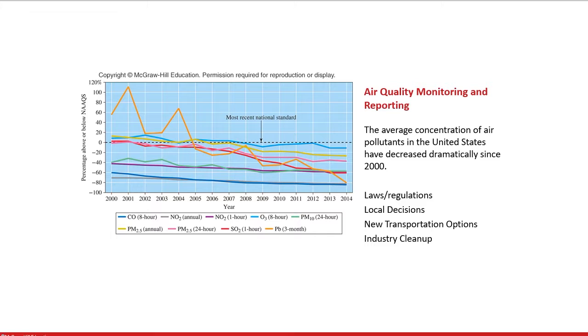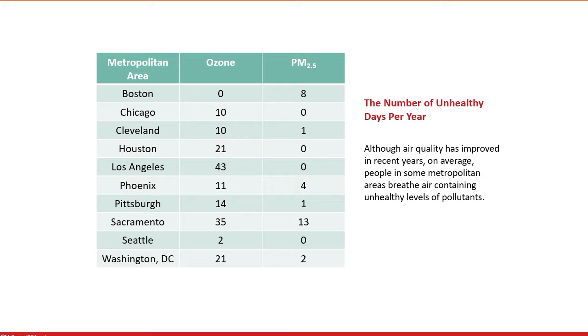Now, even though air quality has improved, people in some metropolitan areas still breathe pretty unhealthy levels of air pollutants. The way we look at that is like this. You can measure different levels of concentrations of different pollutants in different cities.